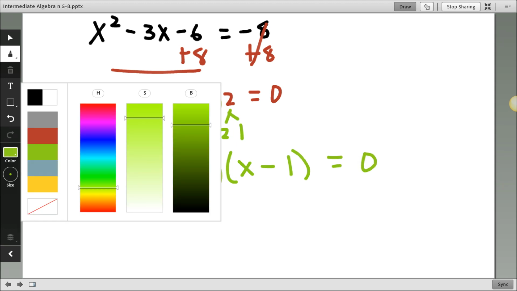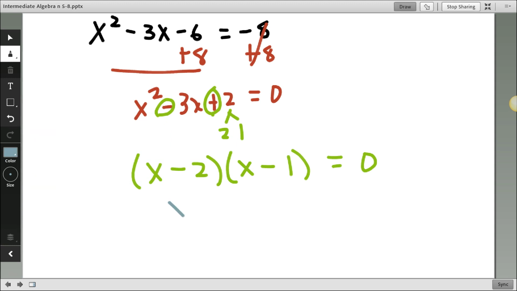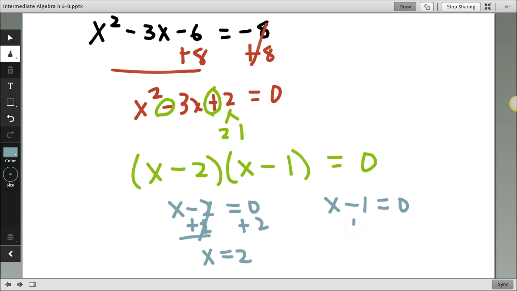And now at this point, to get your answers, you set each factor equal to 0. And then you solve the one-step equation. And so there's your 2 answers.